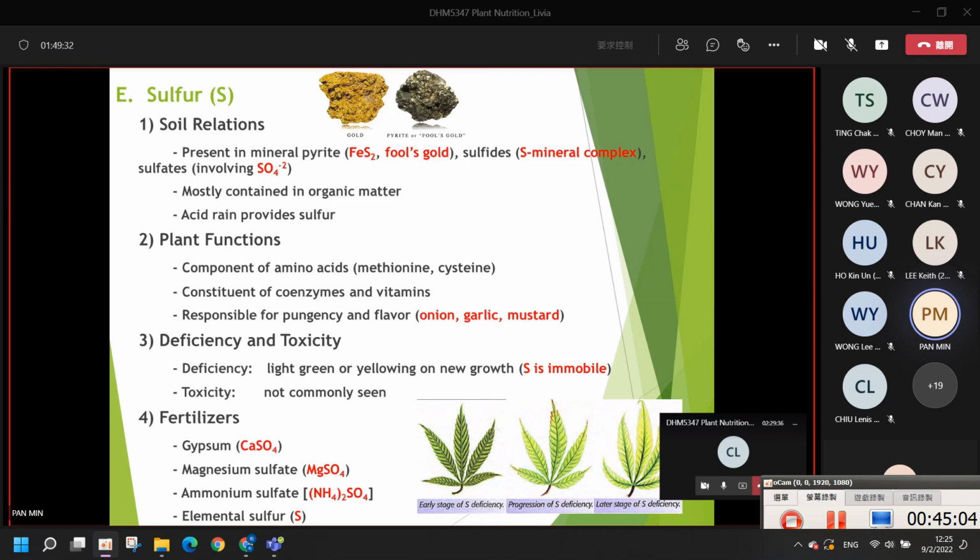The classic description of sulfur deficiency symptoms is yellowing of new leaves, because sulfur is an immobile nutrient element.